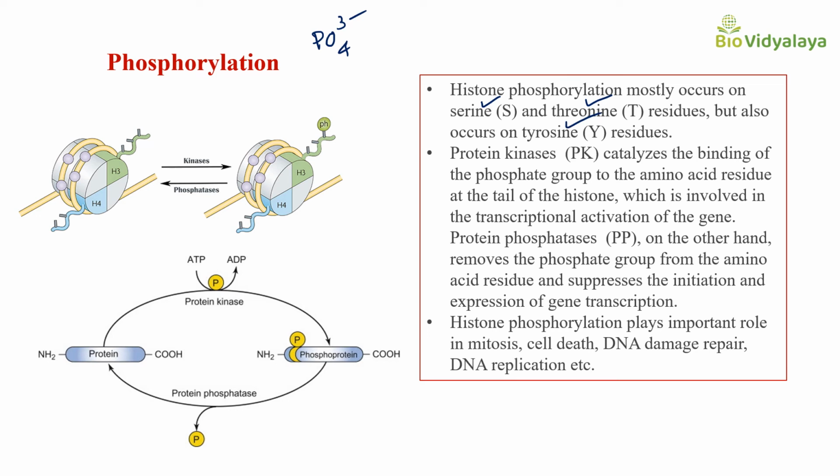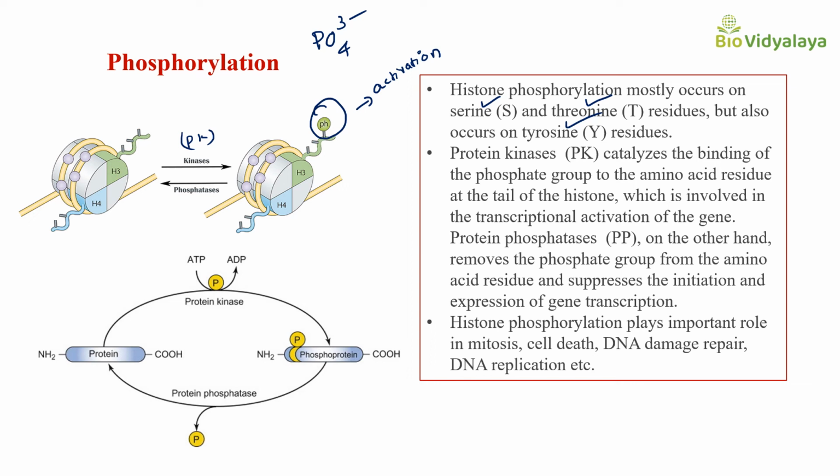You have to remember this. Histone phosphorylation takes place on serine, threonine and tyrosine residues. Okay. And protein kinases add phosphate group to histone tail. And this will lead to gene activation. Phosphorylation will lead to gene activation.